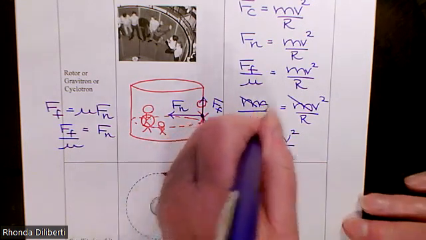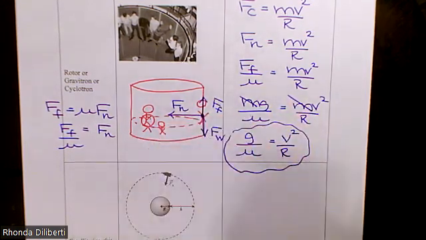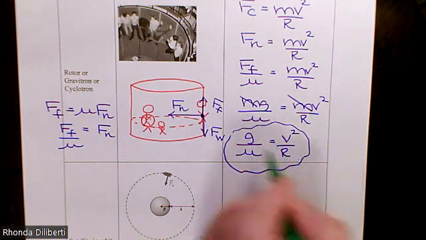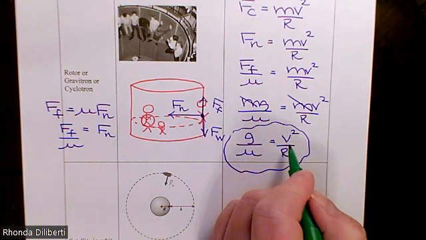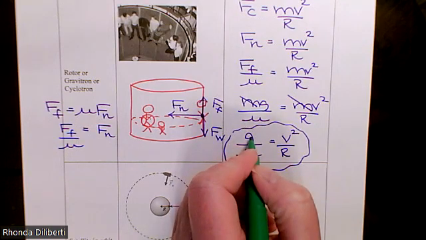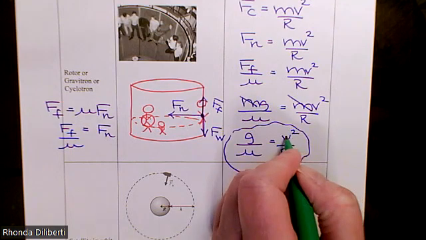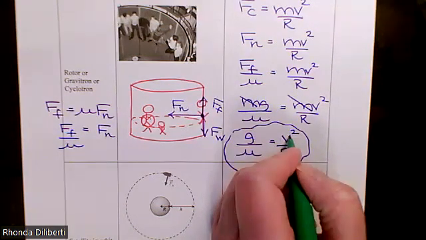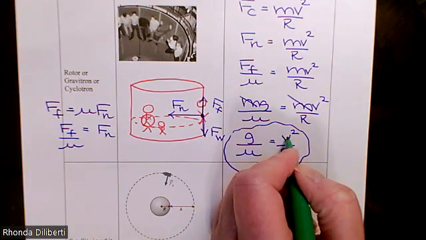So this relationship could help me design a safe amusement park ride. So let's talk about that. All of the people are on the same ride, which means they're going at the same velocity. So we would know their velocity.